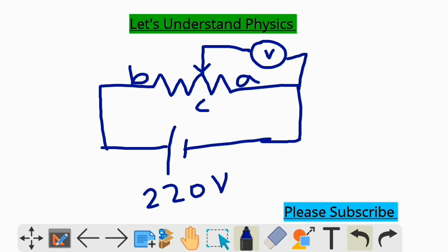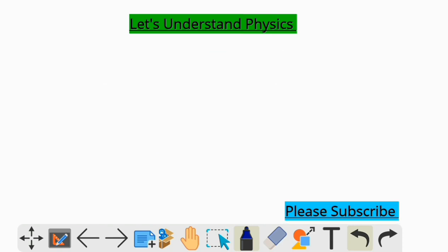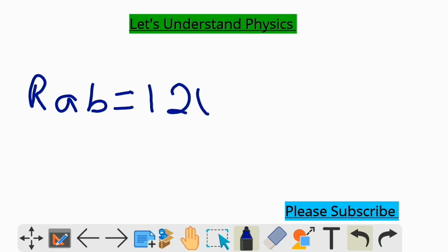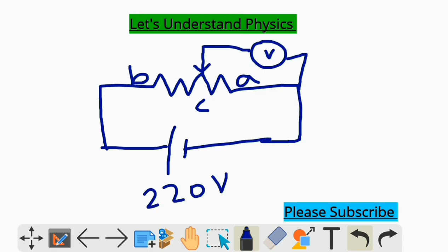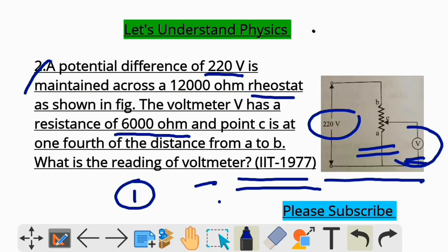Now this voltmeter has internal resistance 6,000 ohm. So A to B, what is the resistance value from A to B? RAB, I am writing, is equal to 12,000 ohm. Then RCB. From B to C and A to C there are different lengths.